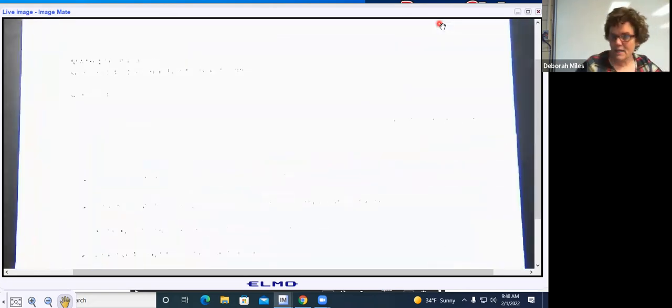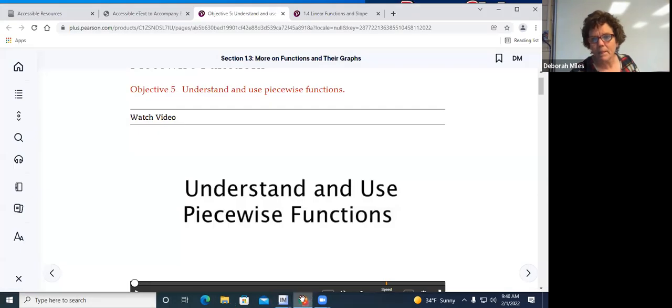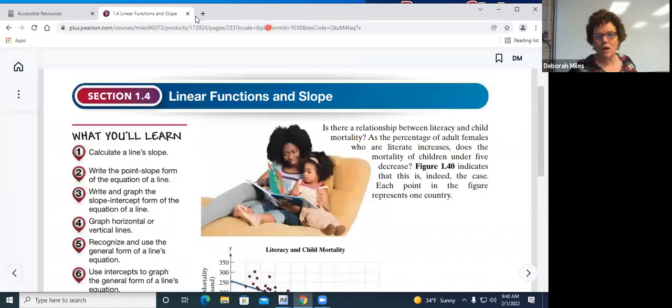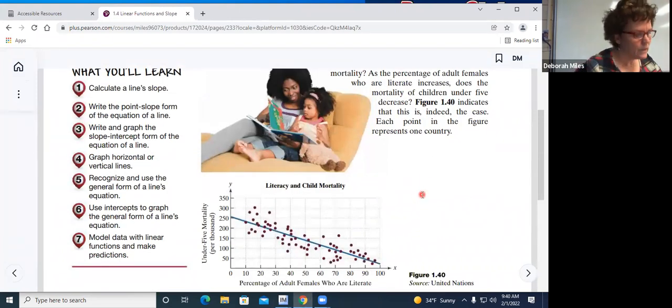And let's talk about linear functions and slope. Tell me again, in linear functions, what does linear mean?